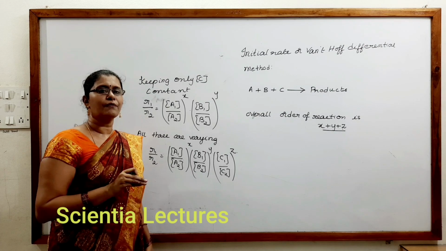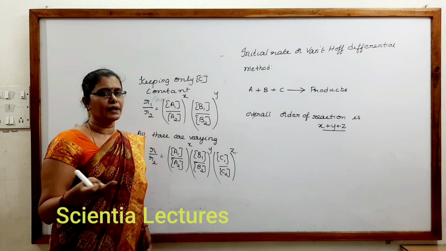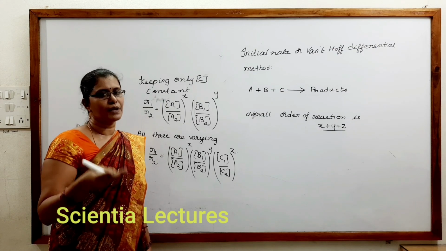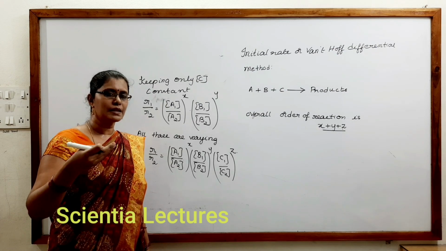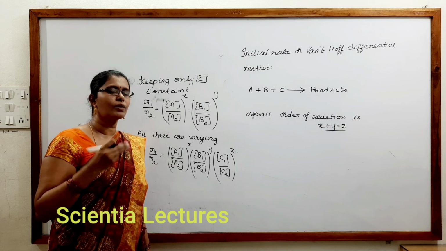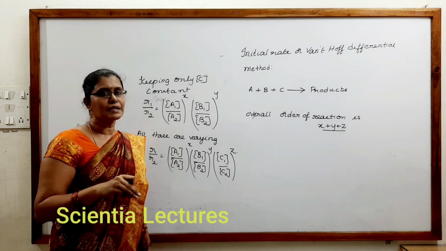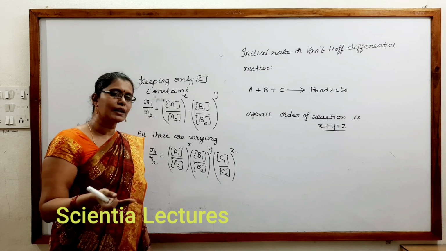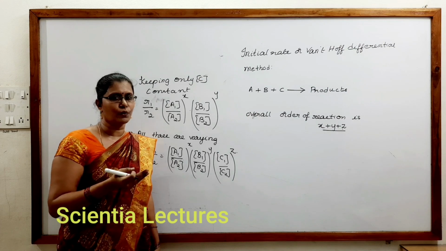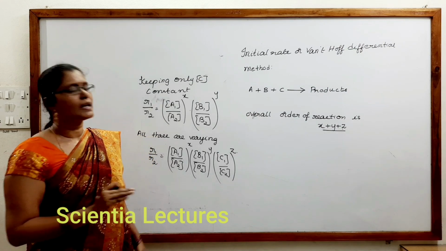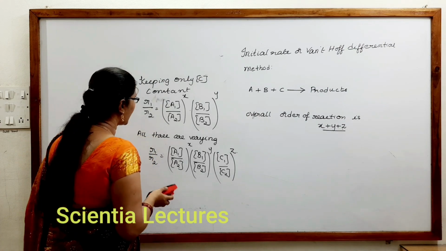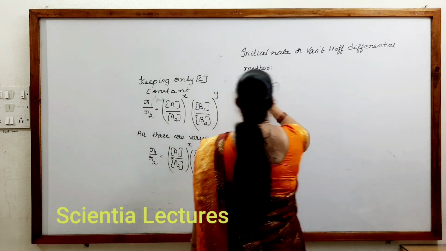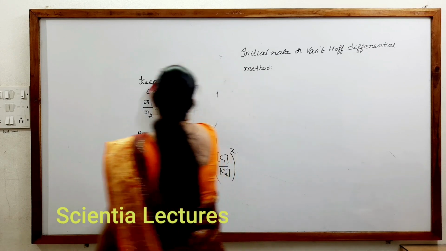From third to fourth step, all three are varying and the rate varies based on change in concentration of A, B and C. You can check using the tabular column when only one is varying, when two are varying, and when all three are varying. When you know X, you can find Y. When you know X and Y, you can find Z. So remember that. Using the tabular column given, you should be very careful in finding the overall order of your reaction.